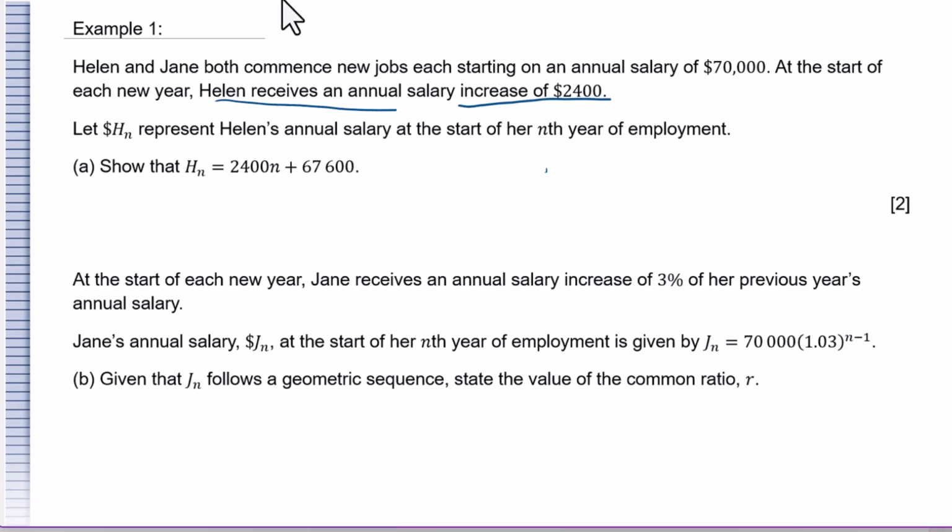Helen receives an annual salary increase of $2,400. This means Helen's salary forms an arithmetic sequence. D equals 2,400. This is H sub 1 equals $70,000.